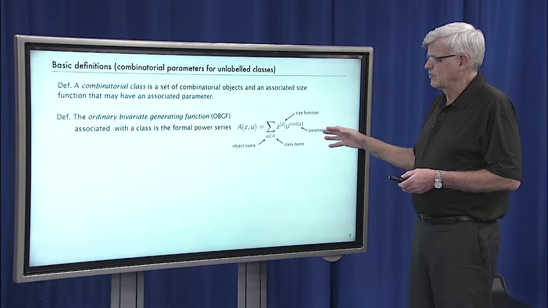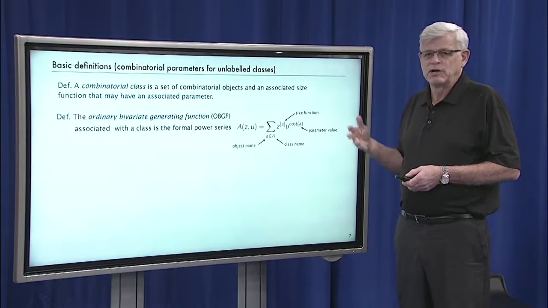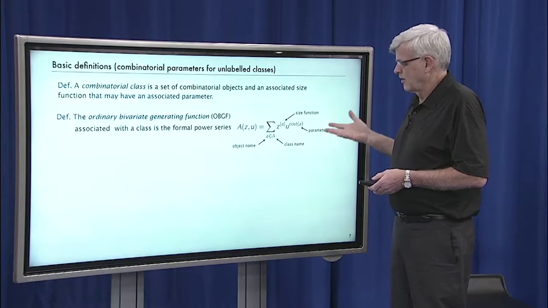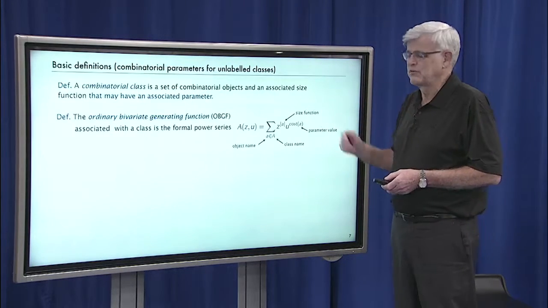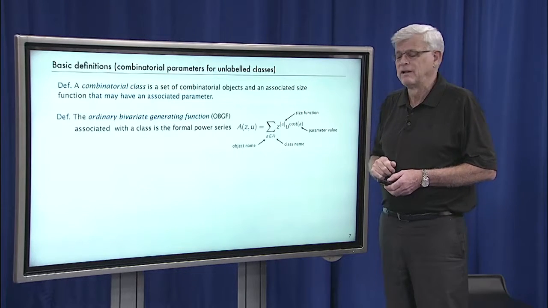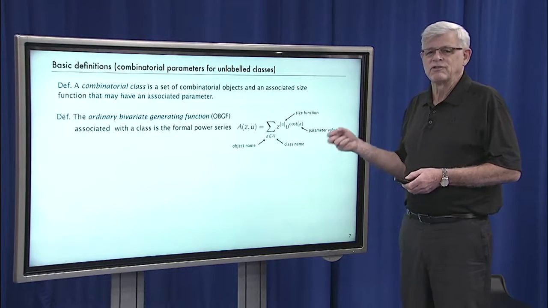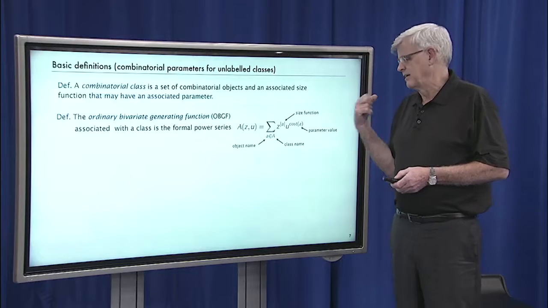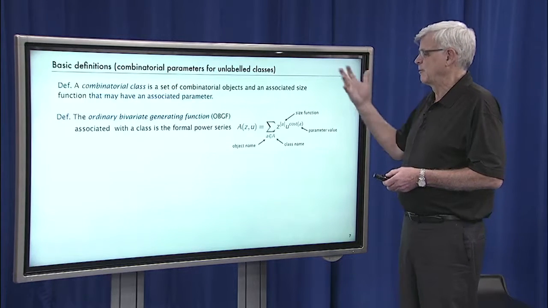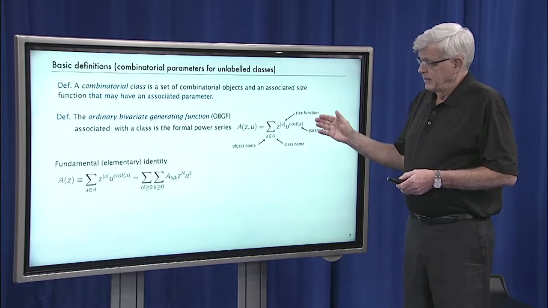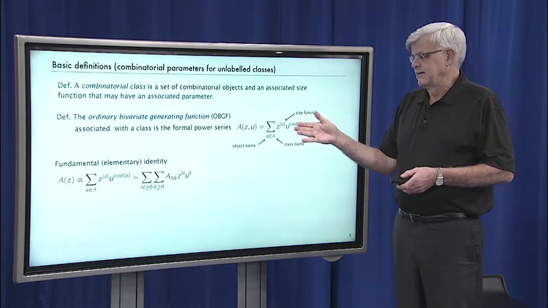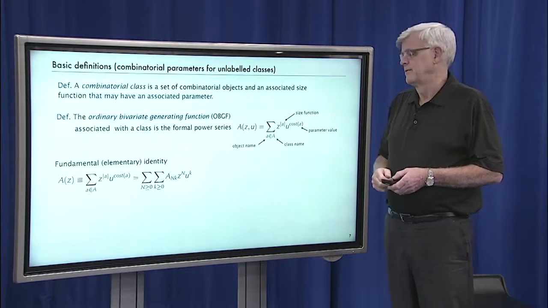That's a formal power series of two variables. We're going to use the same kinds of arguments and manipulation on these two-variable power series that we used on the single-variable power series before. But they carry the information that we can use to extract moments and other information about the values of parameters, as you'll see. Again, we've got a fundamental identity that again is elementary.